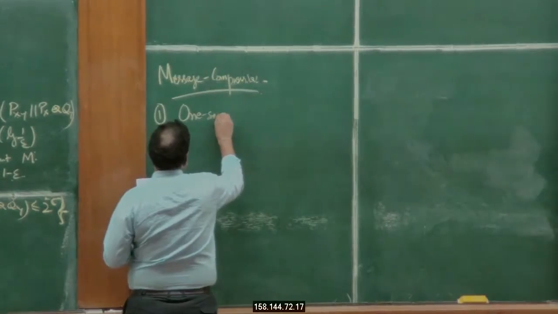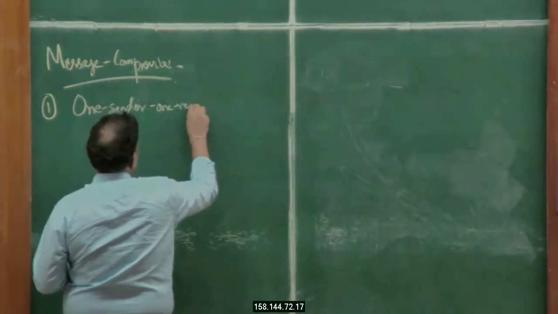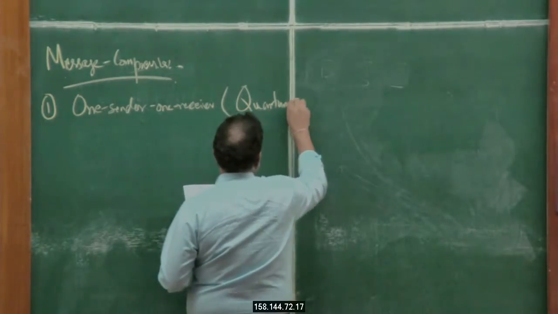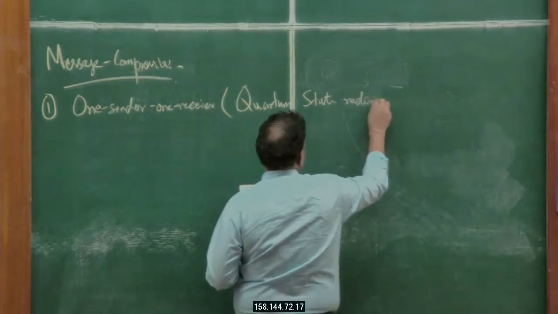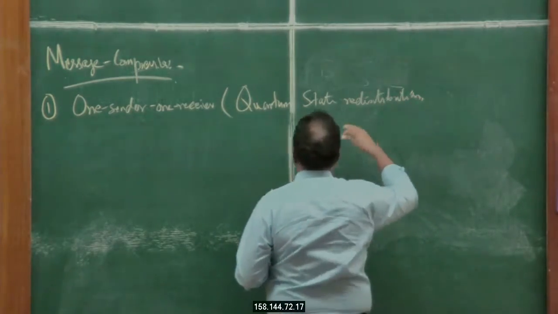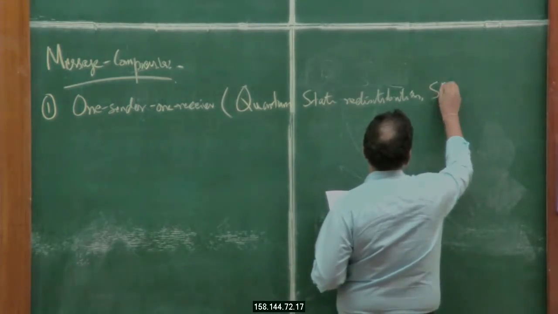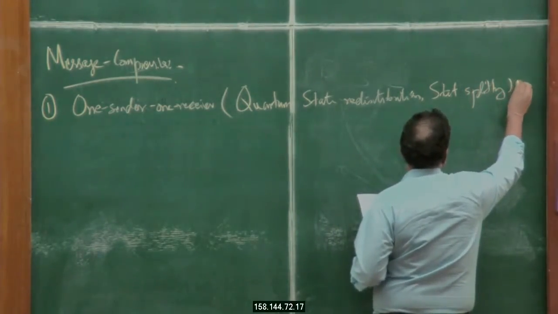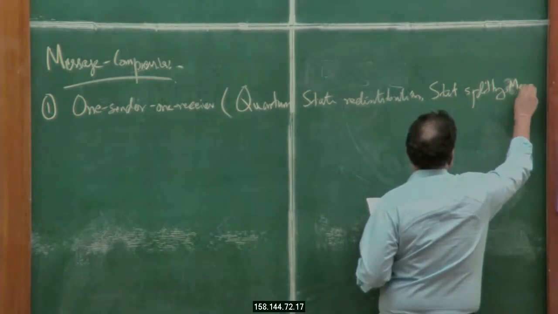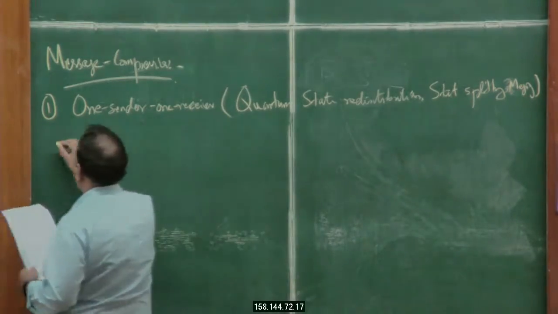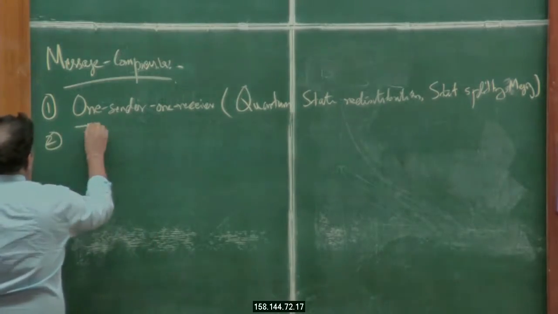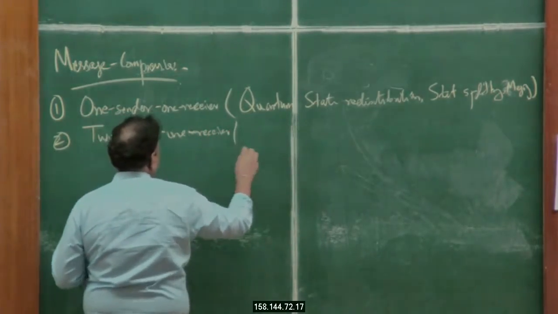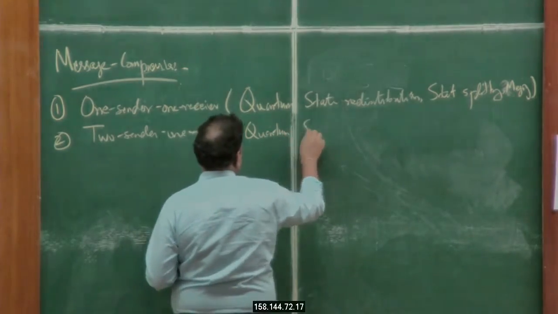All right, so the regular one sender, one receiver setting, which in the quantum setting is commonly referred to as quantum state redistribution, and it has its subtasks, state splitting, state merging, etc. Then two senders, one receiver, which is referred to as quantum Slepian-Wolf.